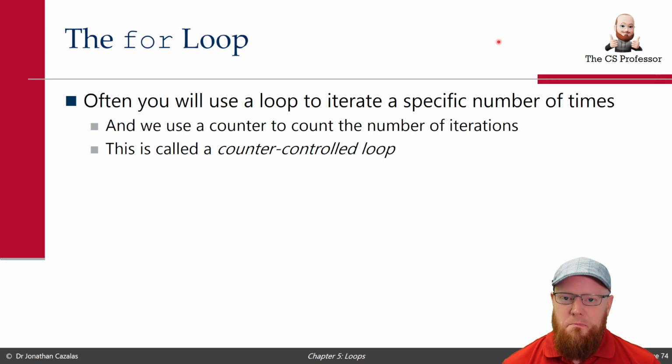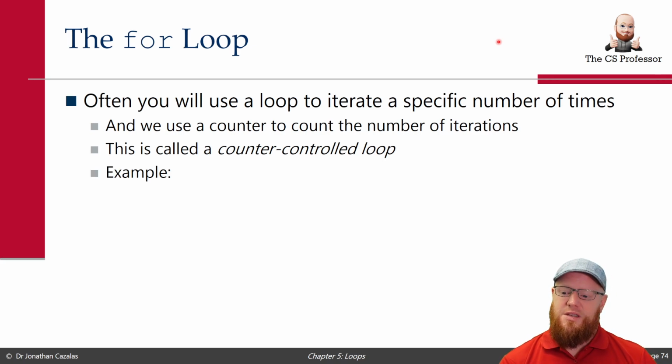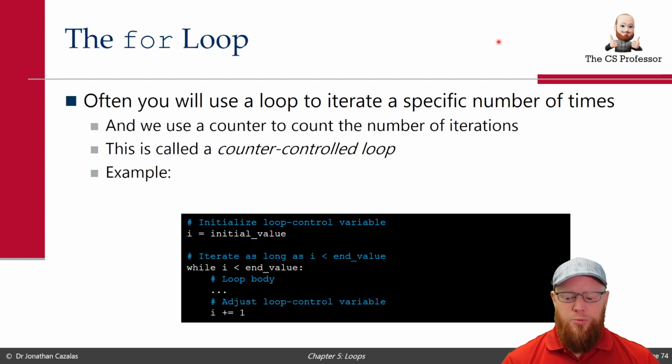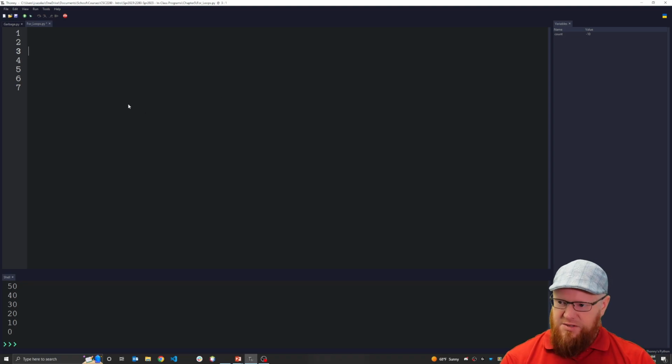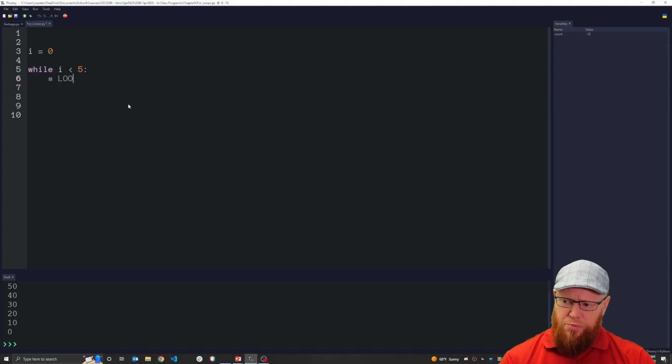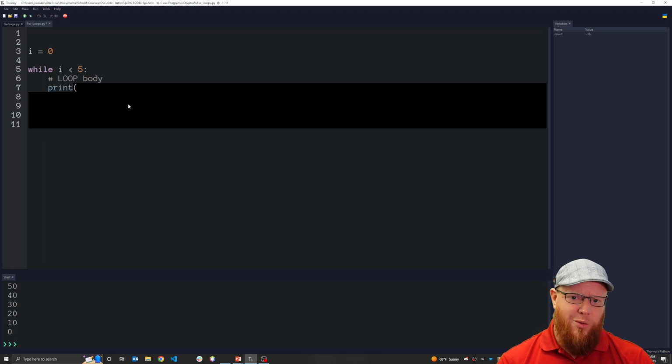But in fact, there's a much easier way to have a counter-controlled loop, and for this, Python gives us a for loop. But first, let's revisit the while loop structure if we wanted to loop a certain number of times. What if I wanted to start i at 0 and say while i is less than 5, and let's say we only wanted to print i.